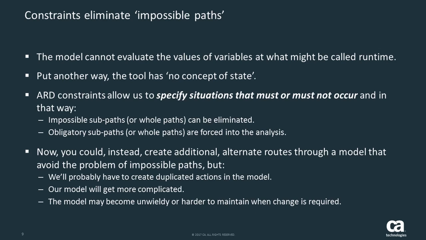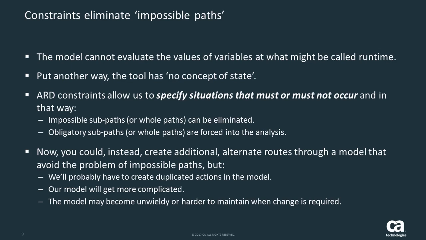The model cannot remember what you know to be the case when you execute a path through the model. Now, what an ARD constraint allows us to do is to specify situations that must not occur, but also situations that must occur. And by doing so, the model can eliminate impossible subpaths.